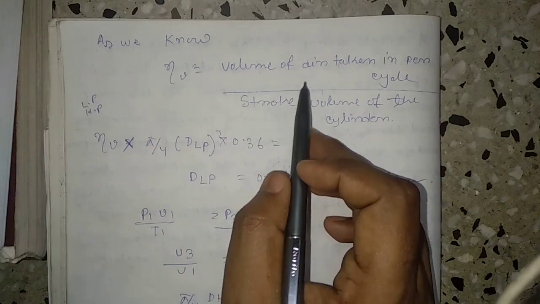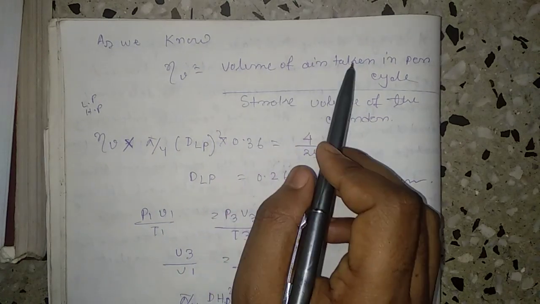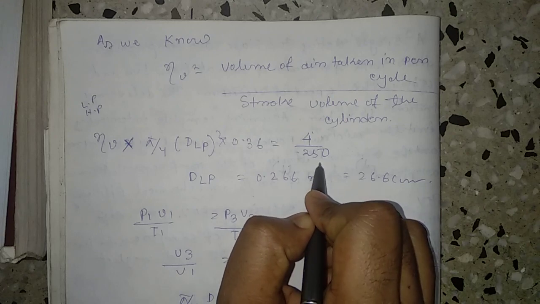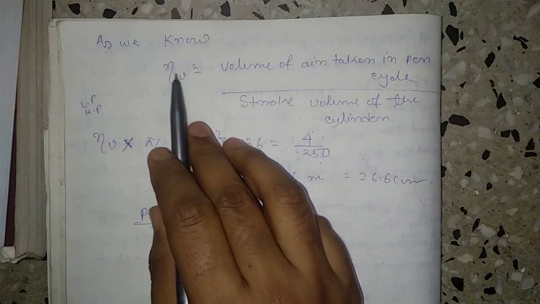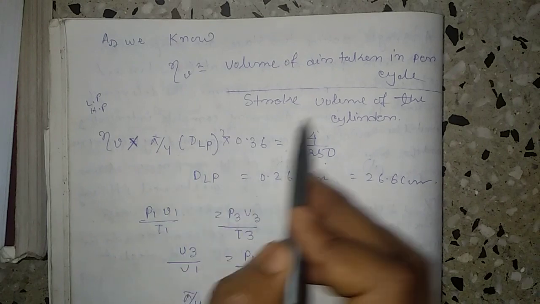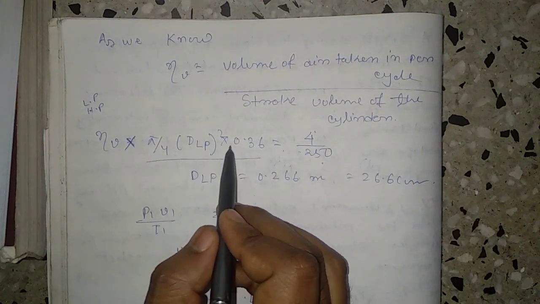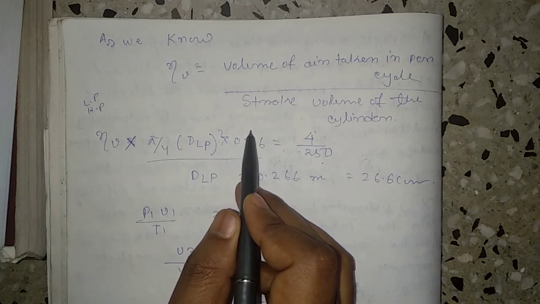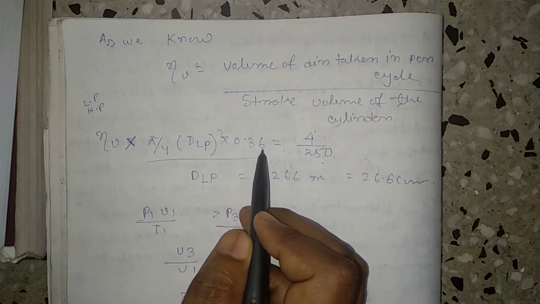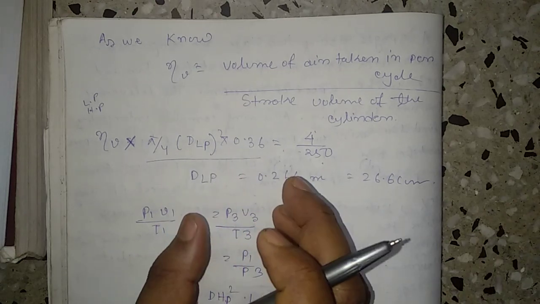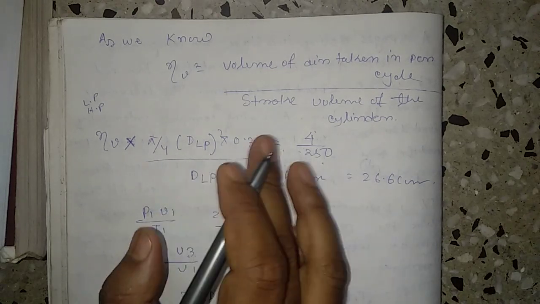So the total volume of air taken in per cycle will be 4 by 250, equal to volumetric efficiency into the stroke volume of the cylinder. This is the stroke volume of the cylinder. As you know, L is equal to 0.36 meter, and we can assume here that L is equal to H, meaning the height is equal to the length of the stroke.